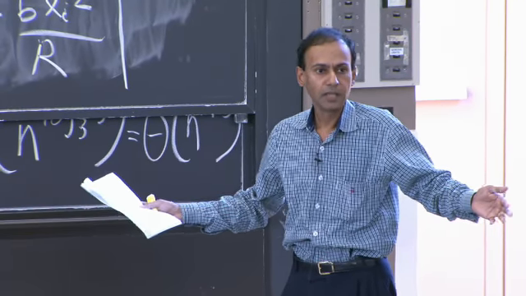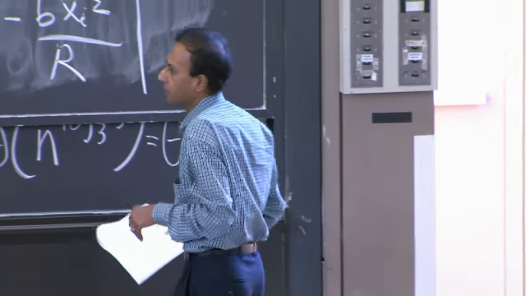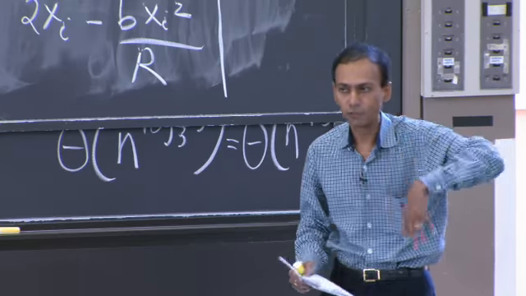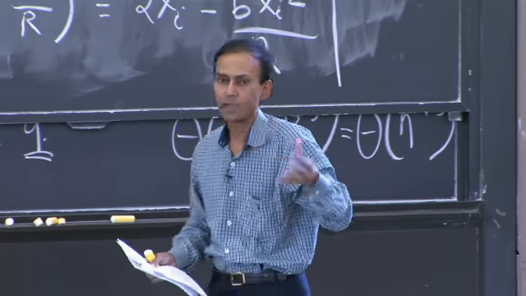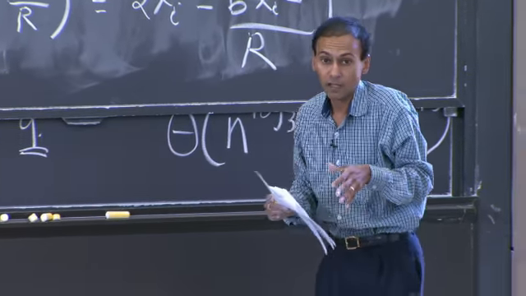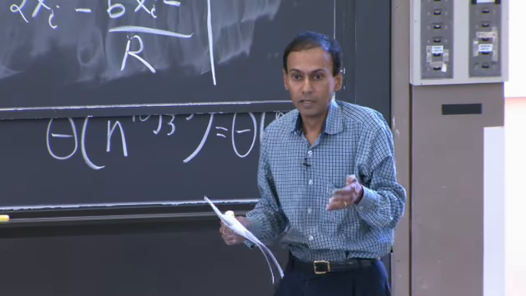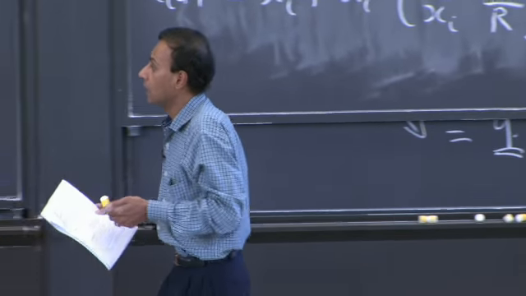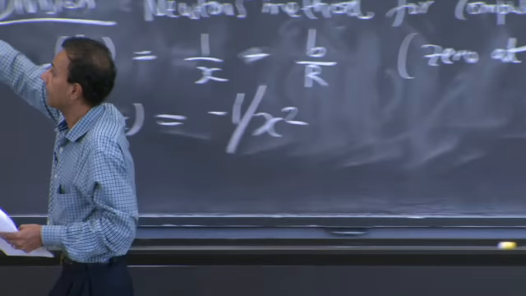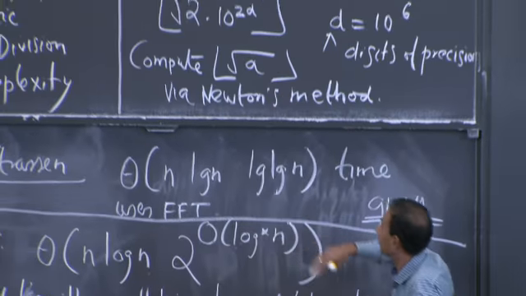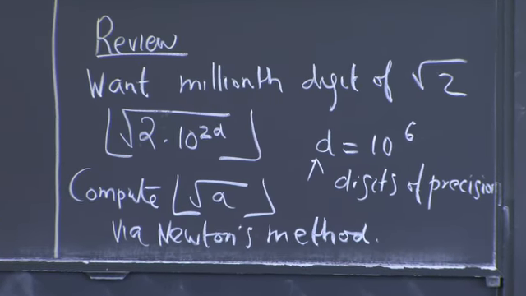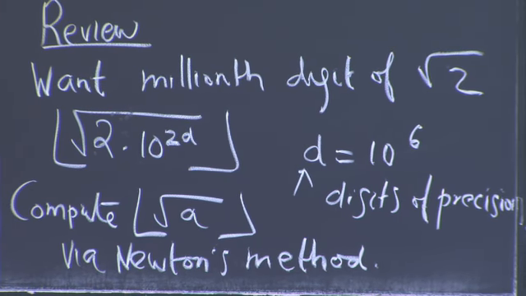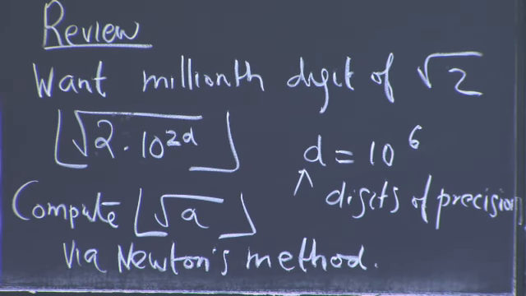All right? And so remember, I'm going to put a picture up towards the end here that tells you the overall structure for computing square root of a or square root of 2, but we've just sort of sold out to Newton, if you will, because we said that we're going to use Newton's method to compute essentially iteratively square root of a, and within the Newton method, the first iteration, if you will, we had to compute a reciprocal, right?